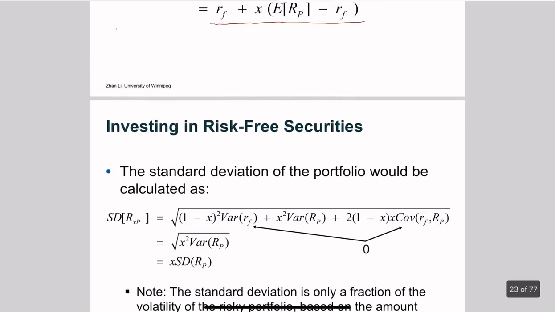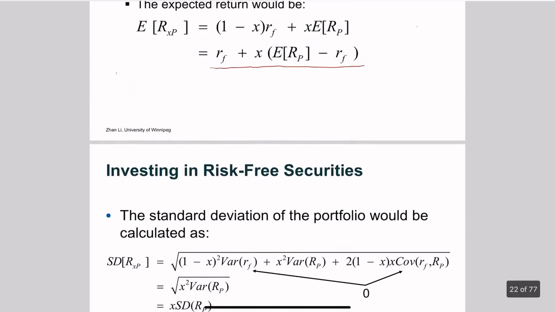Now, what about the standard deviation? Well, let's see how we could find the standard deviation. The standard deviation is the square root of the variance of the combined portfolio.